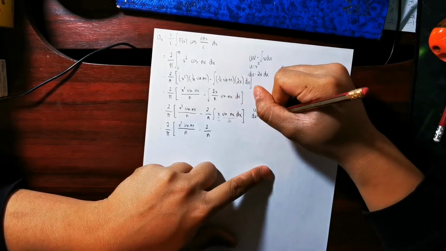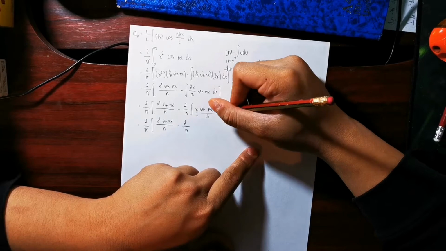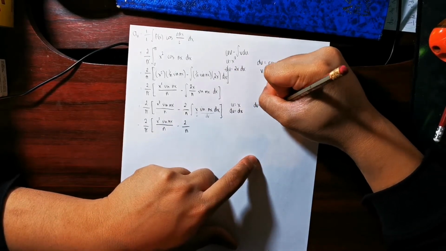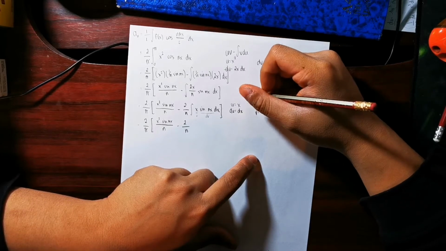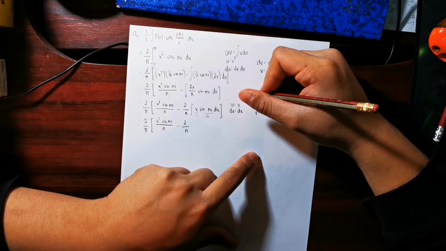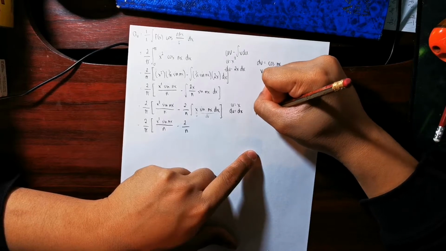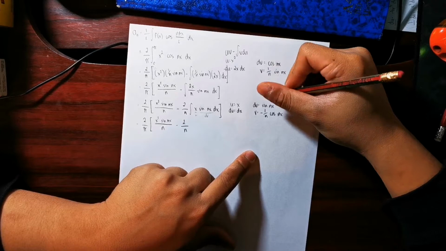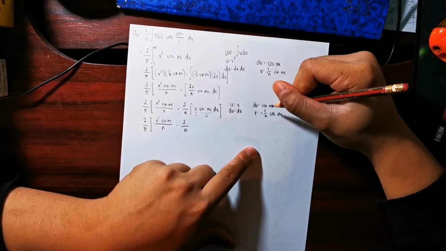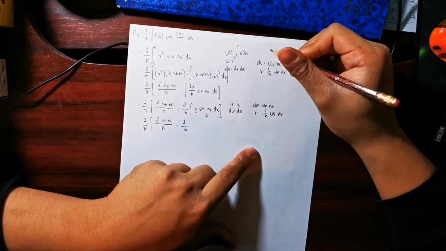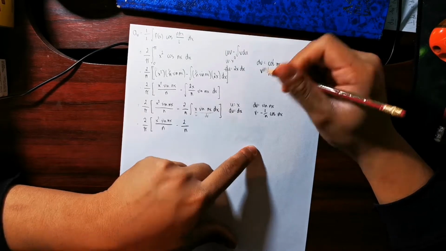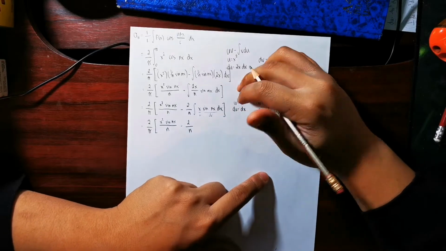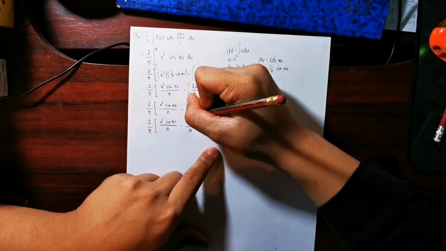Our dv is sine nx, and our v will be negative 1 over n cos nx, because the derivative of cos is negative sine. Don't forget the negative sign when you're going from sine to cos. Okay, so now let's follow the formula.